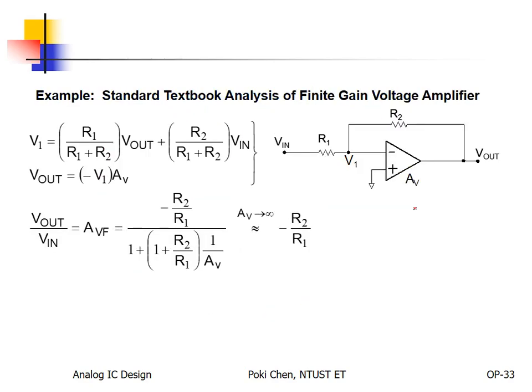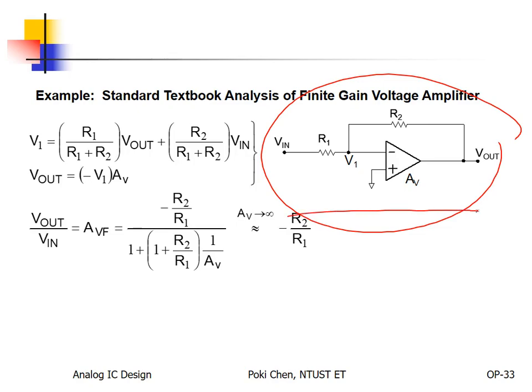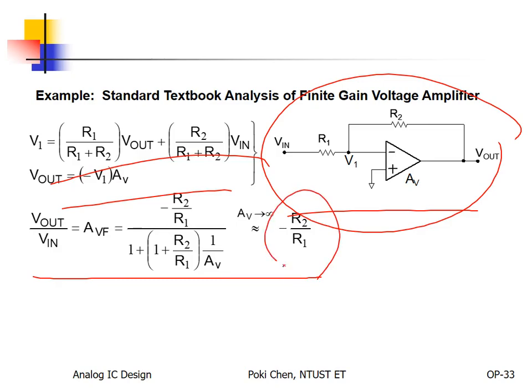And then, if you look at one of the typical applications for op-amp, we call it inverting amplifier. You learned it already and you derived it, and finally you get this. Oh, congratulations. Why do we call it inverting amplifier?